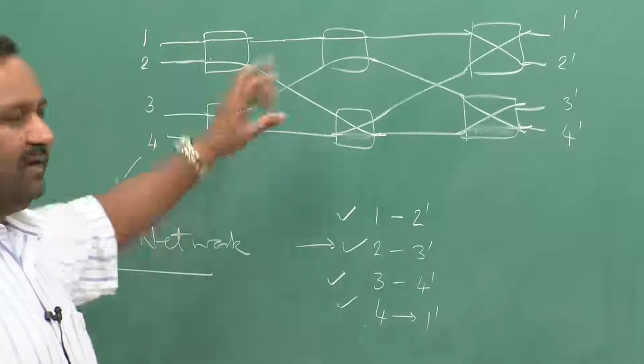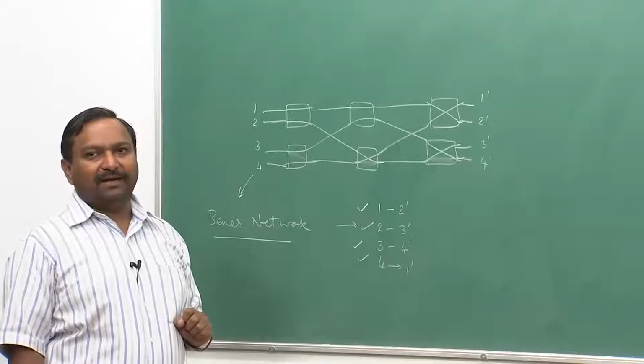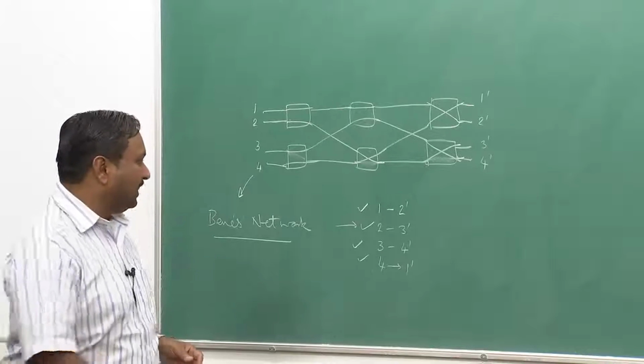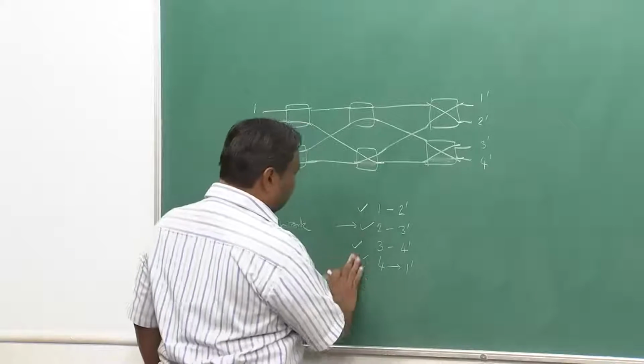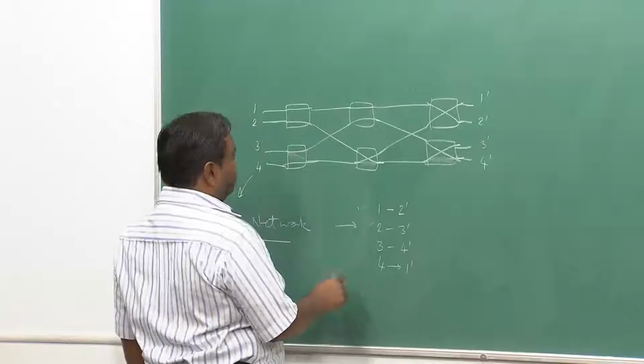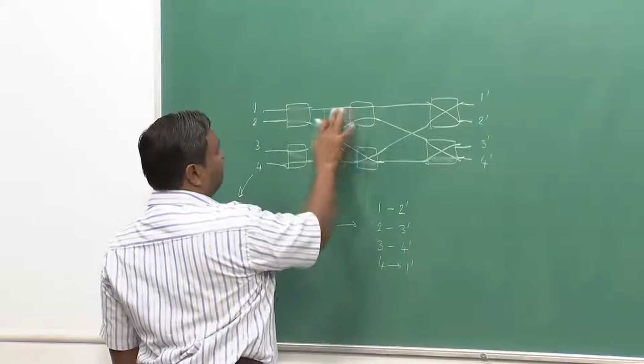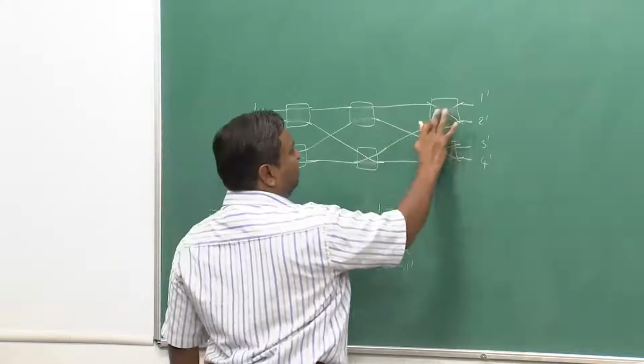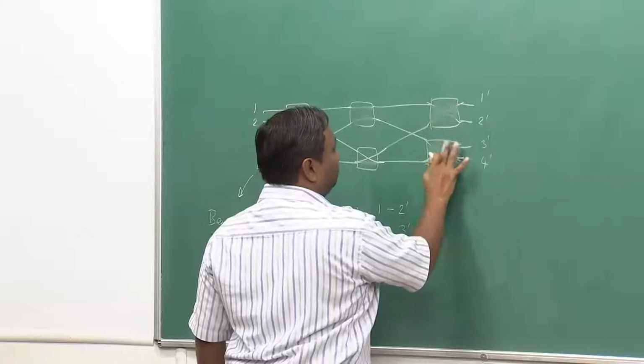In this kind of network the logic is very simple. I can create a loop. The way I should set up the connection, we call it a looping algorithm. So, I will start fresh and use my looping algorithm.